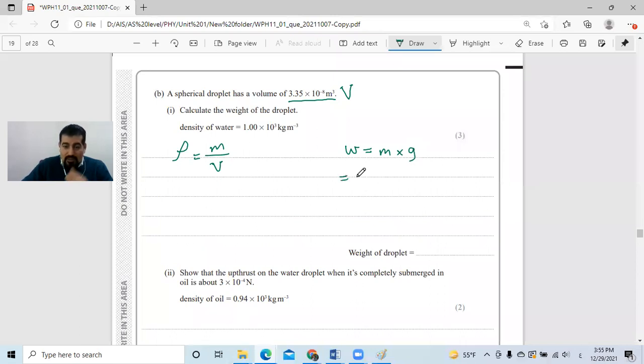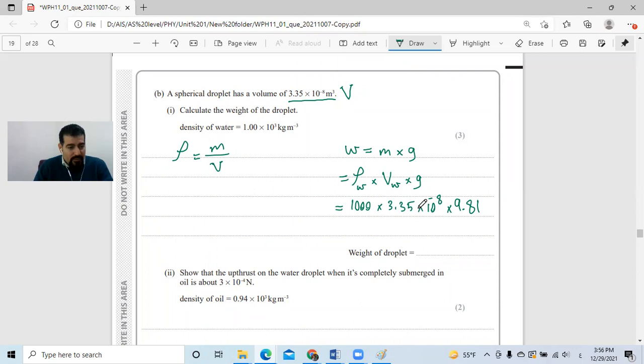So I will multiply the density of the water by the volume of the water droplet by g, and the answer will be 1 times 10 to the power of 3, multiplied by the volume, 3.35 times 10 to the power of negative 8, multiplied by gravitational acceleration 9.81. By using the calculator, how much is the answer?